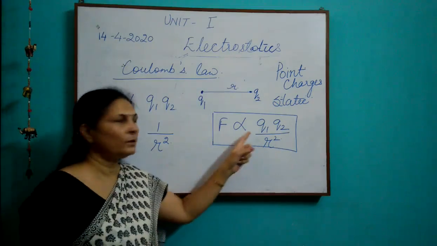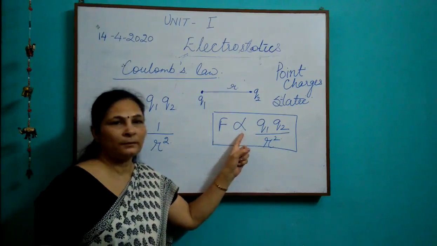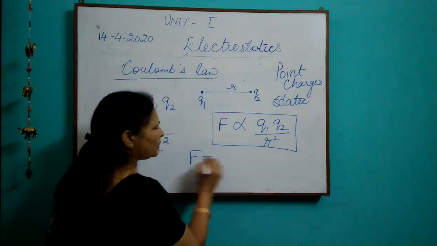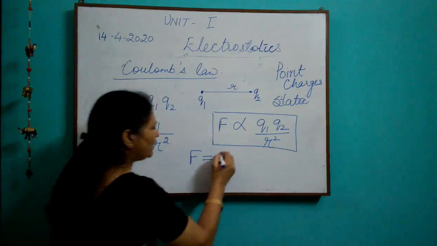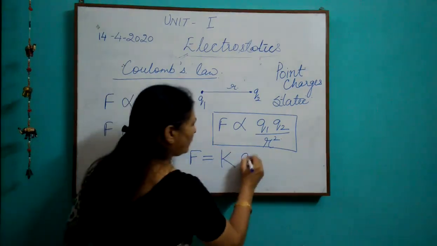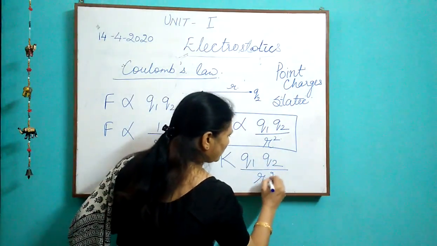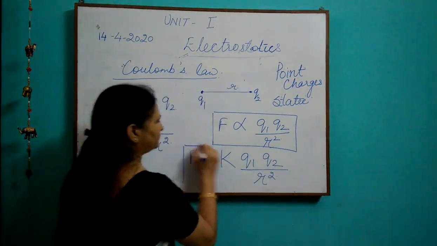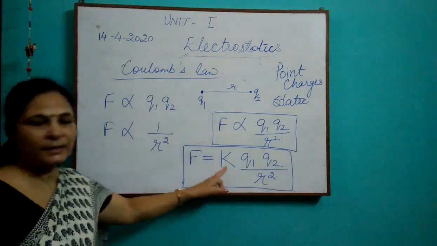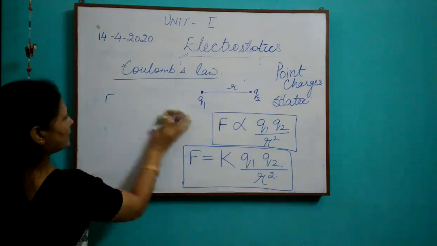Now as you all know, this proportionality sign will be replaced by a constant if I make it an equality. So this can now be written as F is equal to K Q1 Q2 upon R square, where the proportionality constant is denoted by capital K. You can easily find out the unit of this constant K from the expression itself.